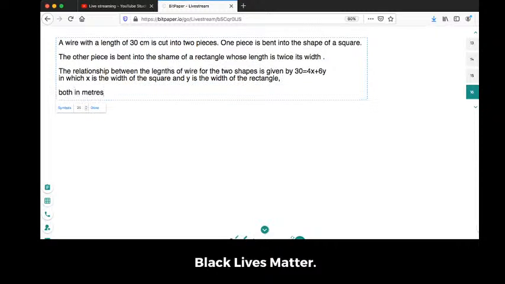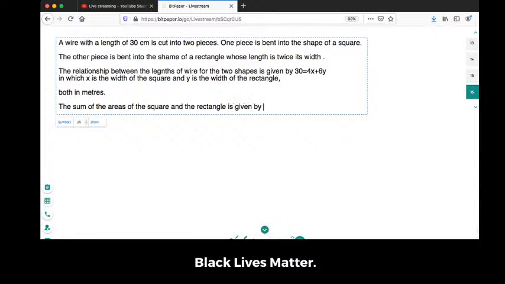Both in meters. Super important that they're both of the same unit. The sum of the areas of the square and the rectangle is given by A equals x squared, x to the power of 2. You know what, I'm just going to write that because that's going to look wonky. The sum is also a minimum.